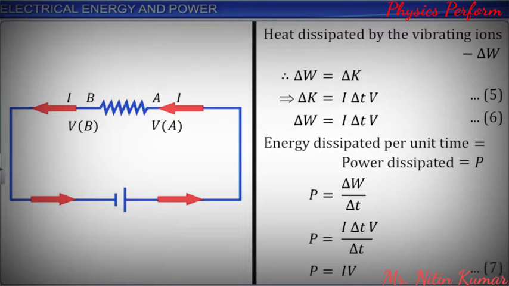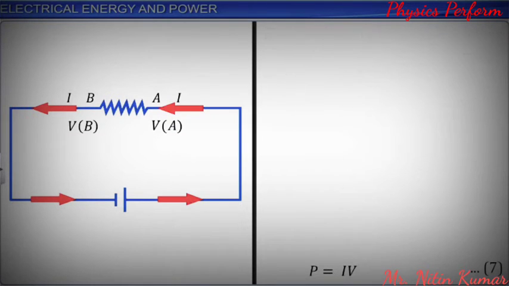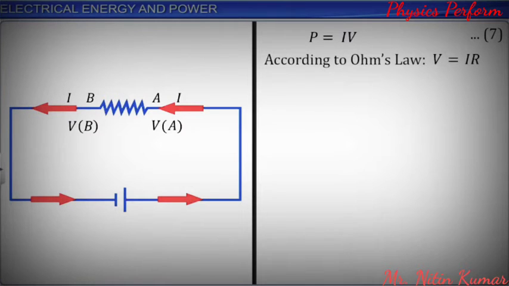Let this be equation 7. According to Ohm's law, we have V is equal to IR. On substituting the value of V from Ohm's law in equation 7, we get P is equal to I square R. Let this be equation 8.